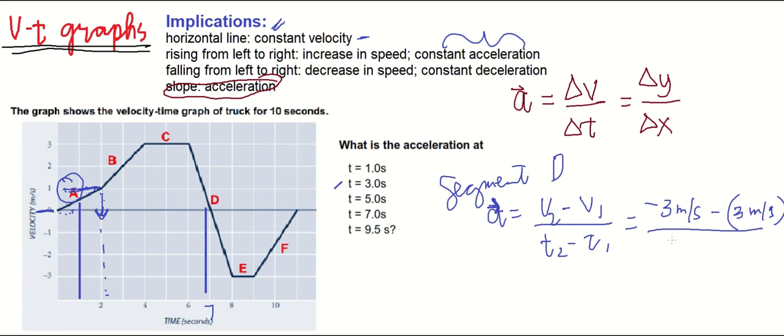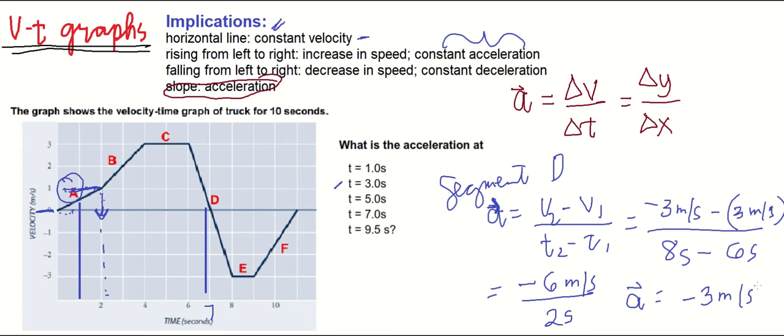As for the time, we have 8 seconds minus 6 seconds. So we subtract negative 3 minus 3, we get negative 6 meter per second divided by 2 seconds, right? So acceleration here will be equivalent to negative 3 meter per second squared.